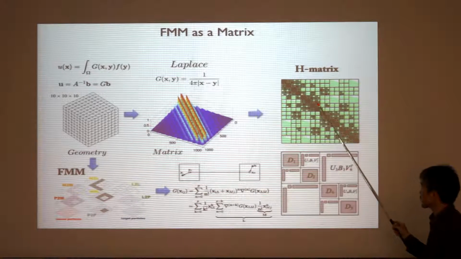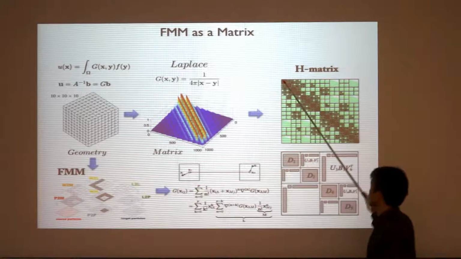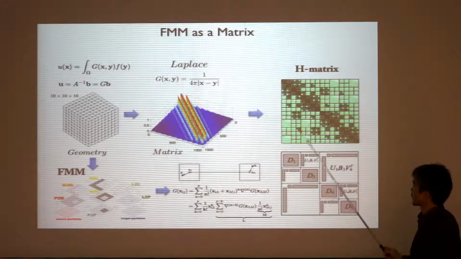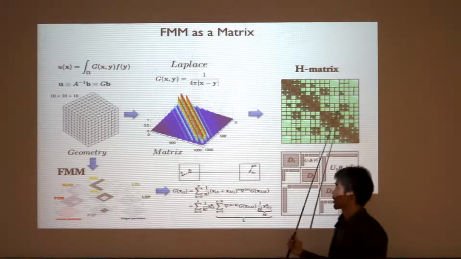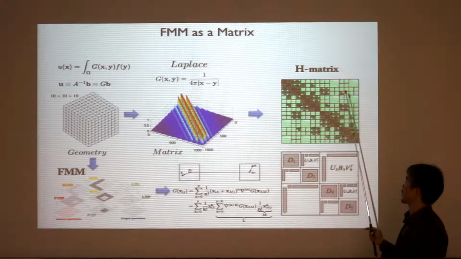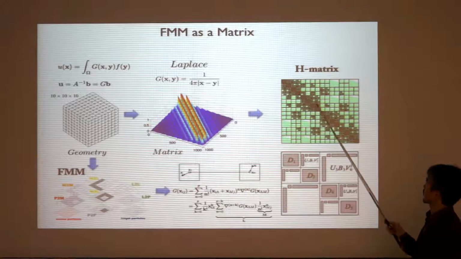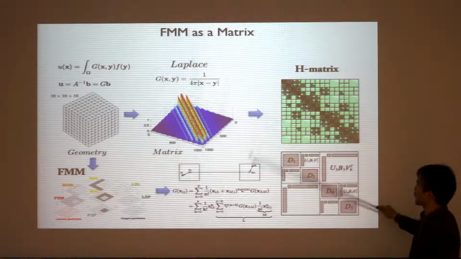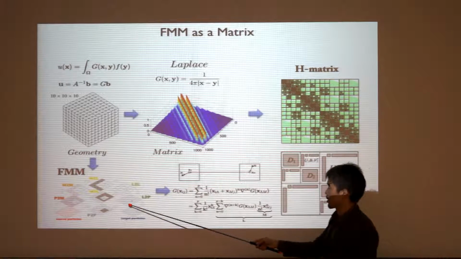So it doesn't map one-to-one because this is a 3D proximity and this is more like a 1D proximity. So the mapping between a 3D proximity and 1D proximity is what needs to be done very carefully. But we use a space-filling curve for that, and that's why we use the Morton index. But you can think of roughly this distance from the diagonal as the distance in this geometry.